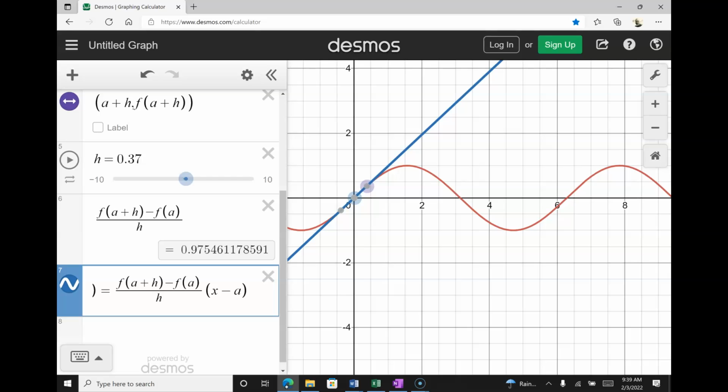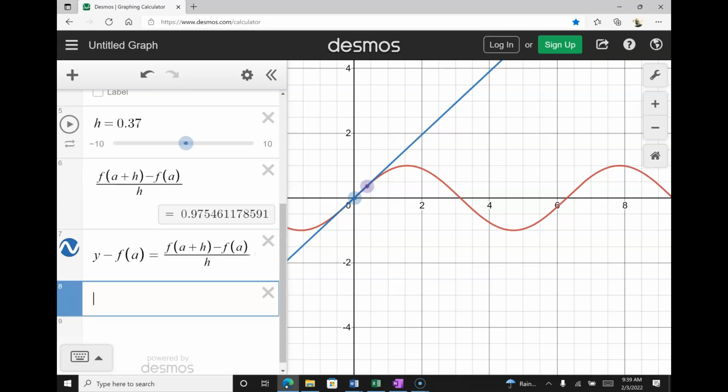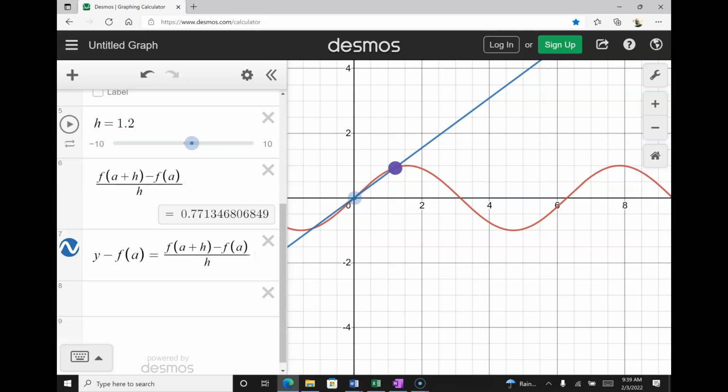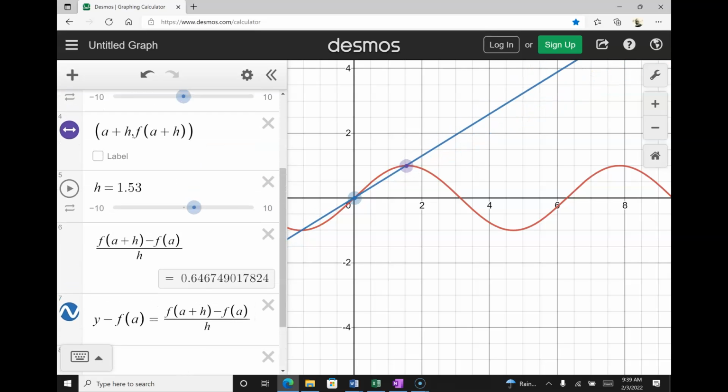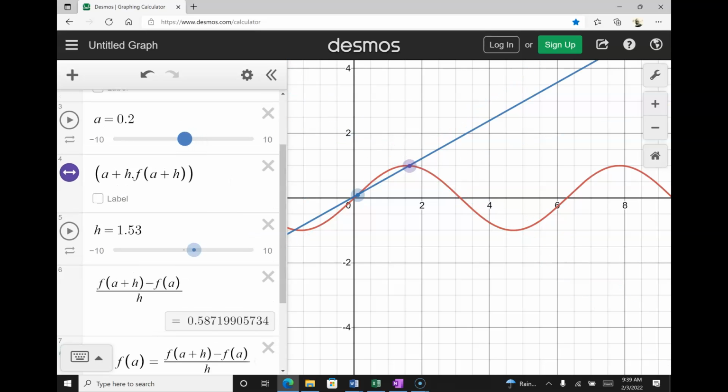And you see, it's already got my line there. Kind of nice, because I can slide h here or I can slide h here. Same thing, a, I can slide a here or I can slide a here.